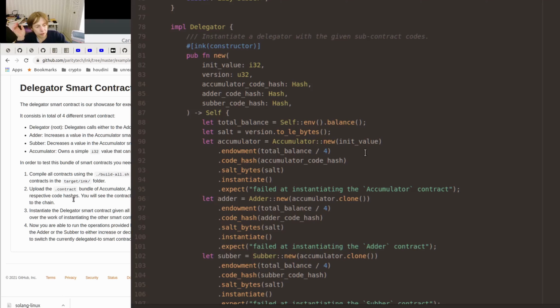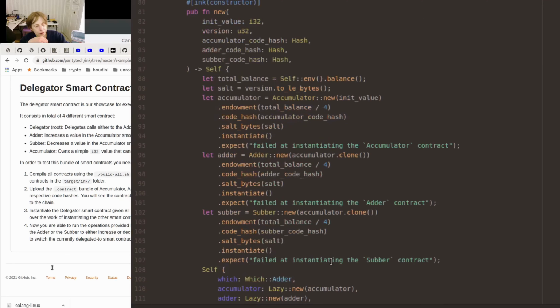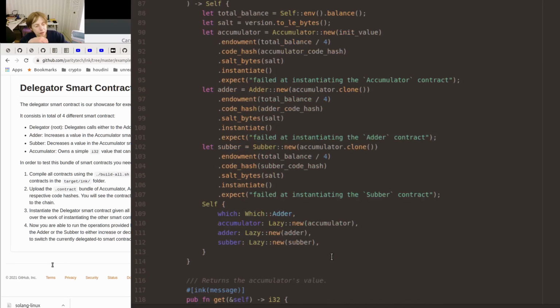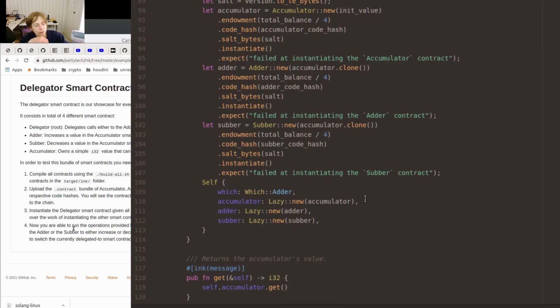That's all it is. And of course it does pass various things. It passes an endowment, a hash, a salt for randomization, and instantiates. And that is essentially what it does.